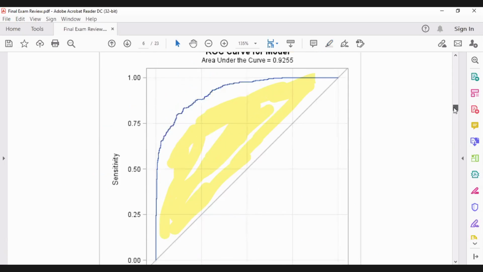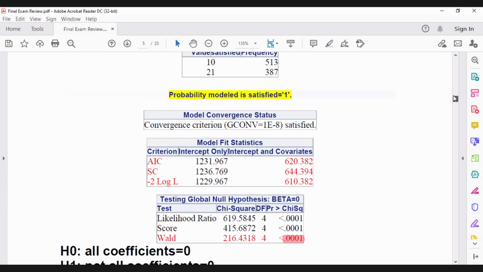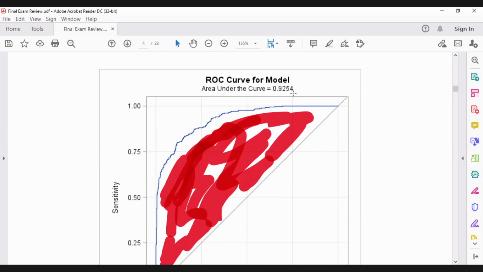The ROC from the reduced model is 0.9255 against 0.9254. So the reduced model is showing a slight improvement in area under the ROC curve, meaning that the reduced model is better in forecasting the probability of y equal to 1.